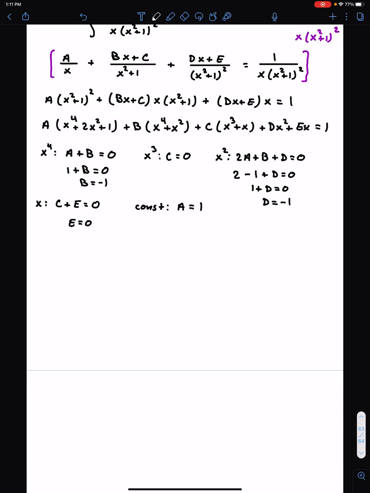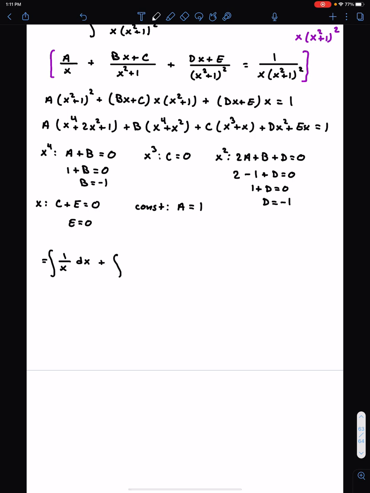So that integral will turn into a over x, so 1 over x, plus bx plus c over x squared plus 1.